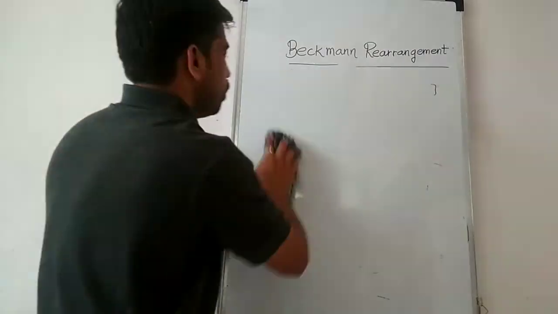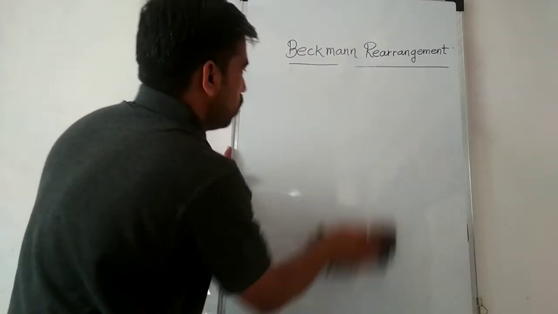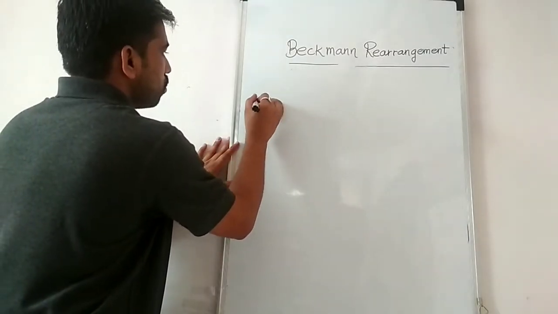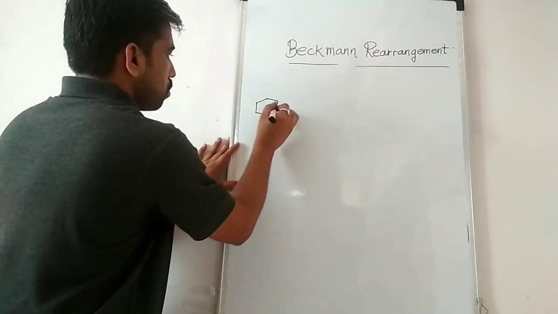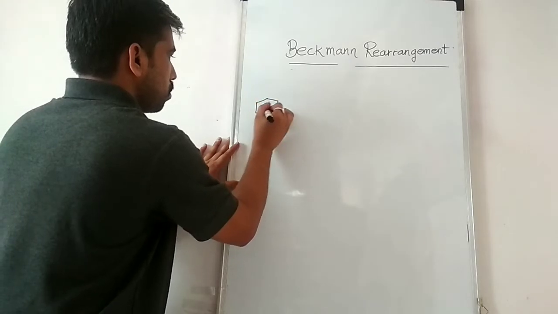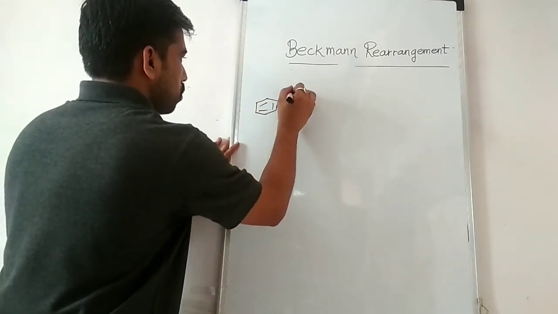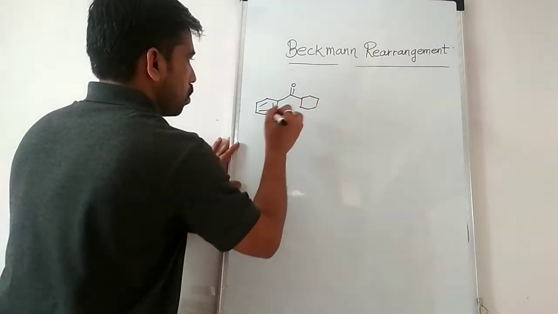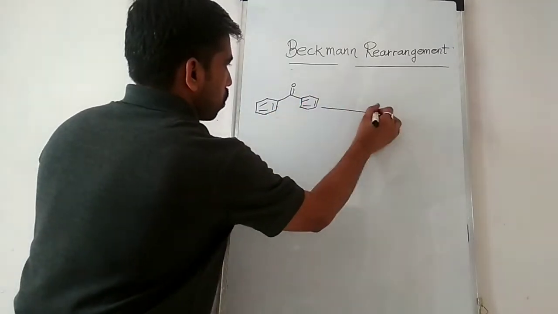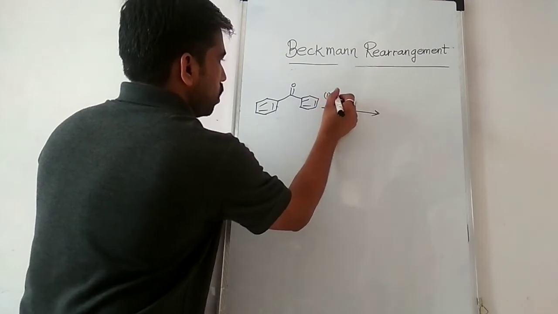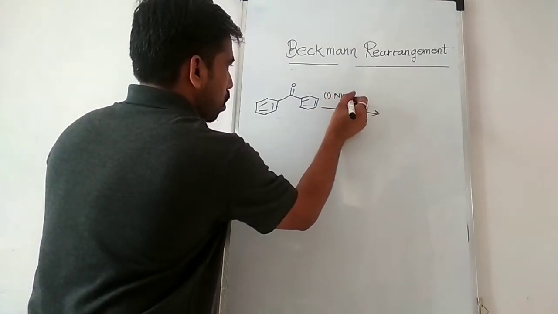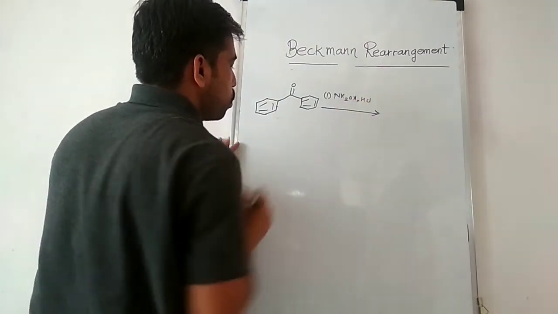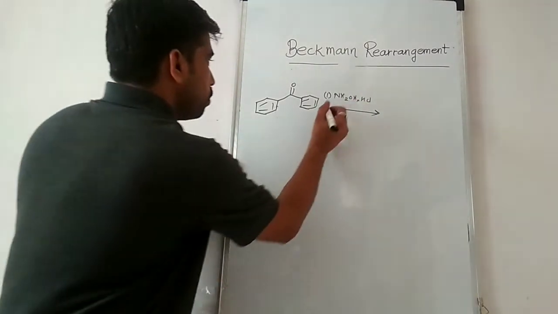Okay, the example is like C double bond O. The first condition is hydroxylamine hydrochloride, used for the formation of the corresponding oxime.